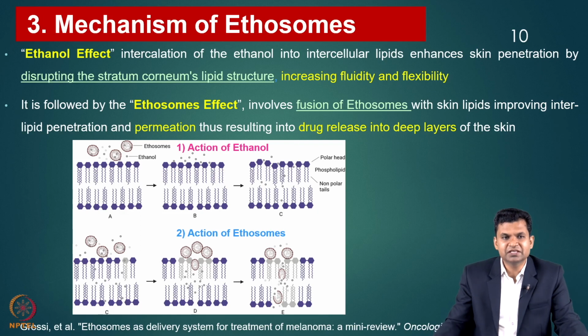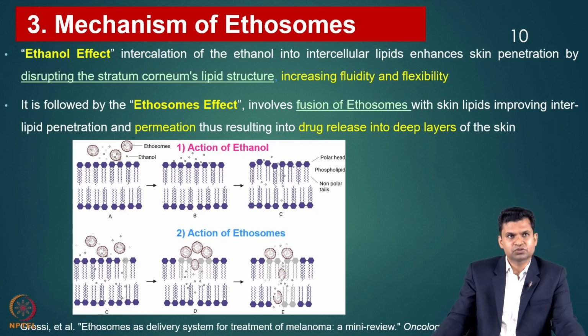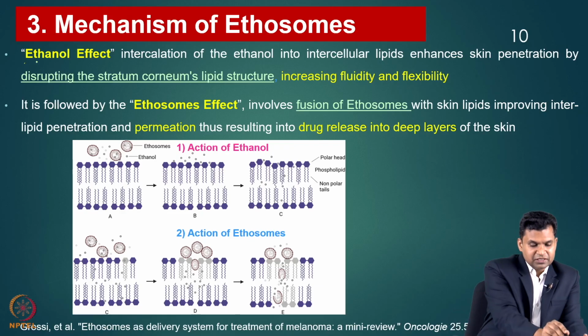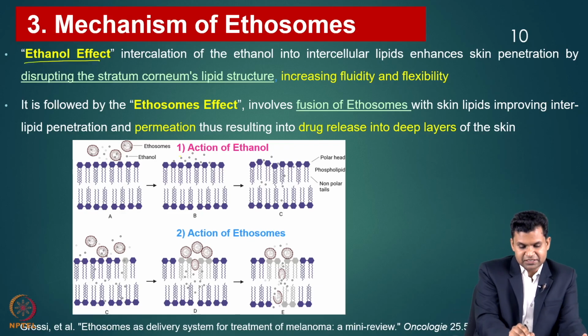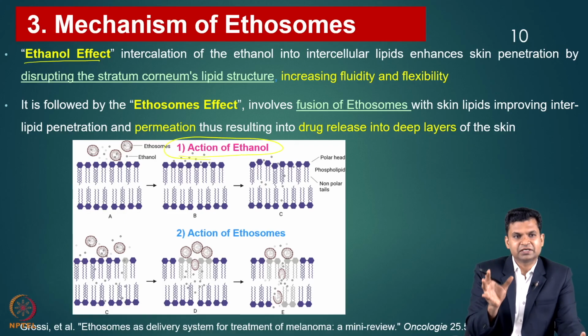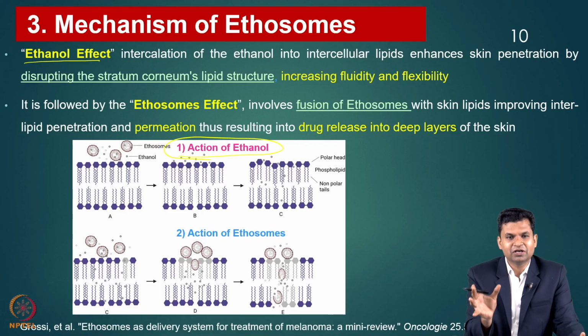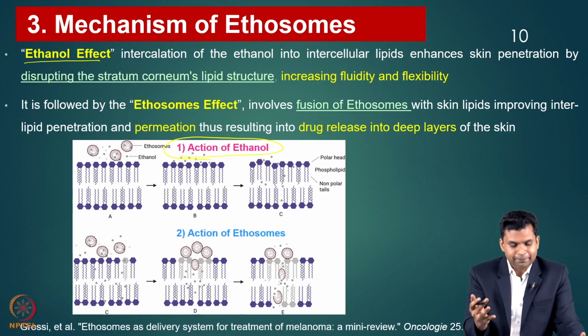Now, here we will see the mechanism of ethosomes. The mechanism of ethosomes can be classified into two steps. First one is the ethanolic effect. You can see in the picture the action of ethanol, which is called the ethanol effect. What happens when you administer your ethosomes, which contain active molecules, on the skin?